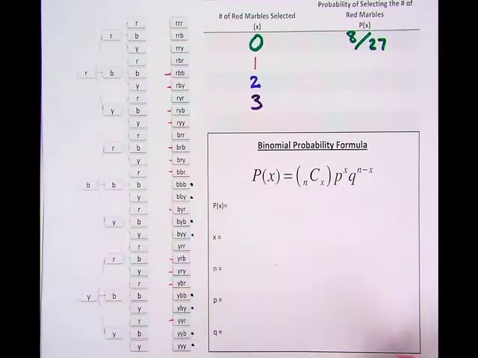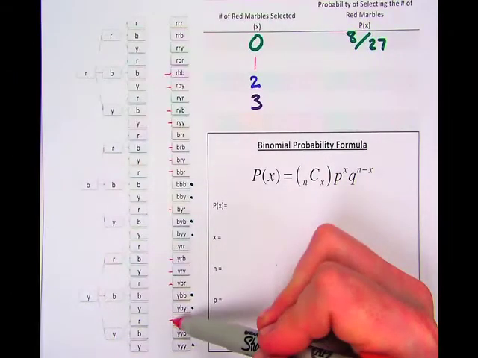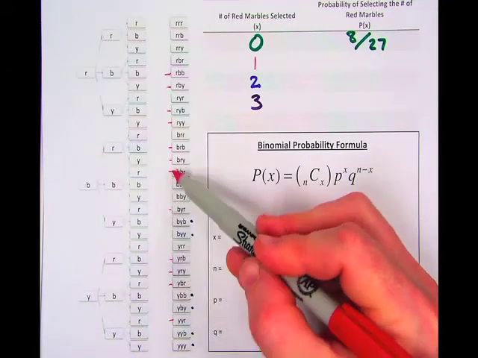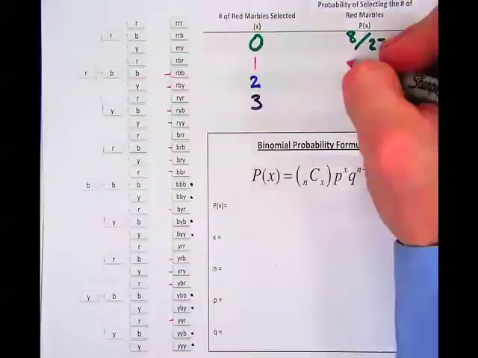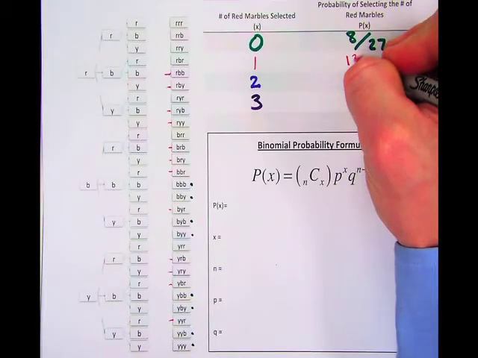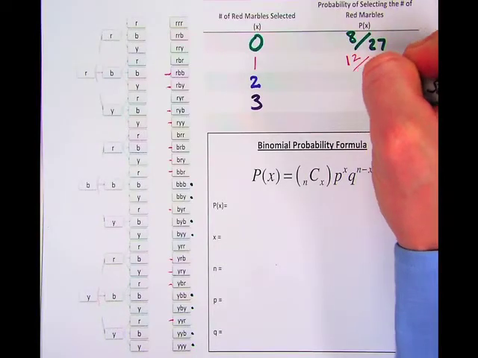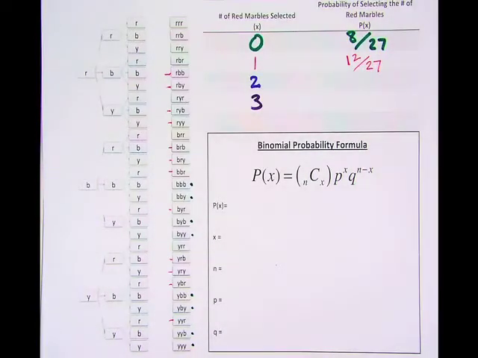All right, I think that's all of them. Let's add them up. I come up with 12. So there's a 12 in 27 chance of getting exactly 1 red marble.